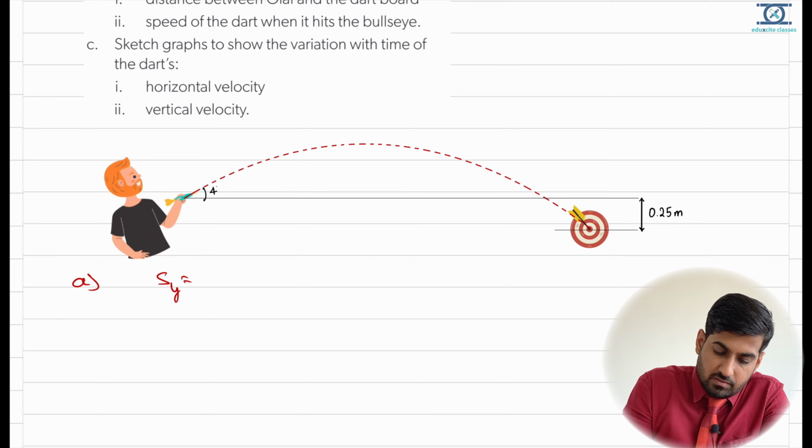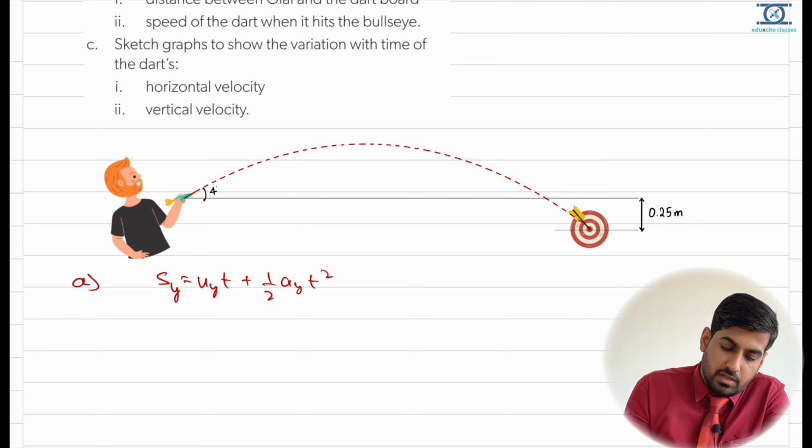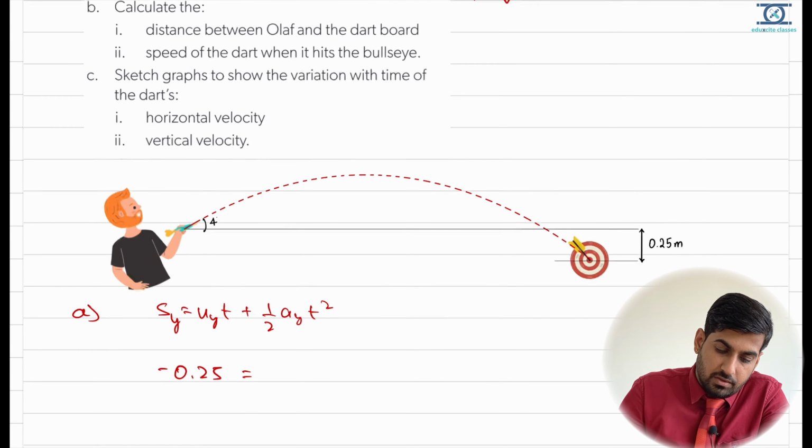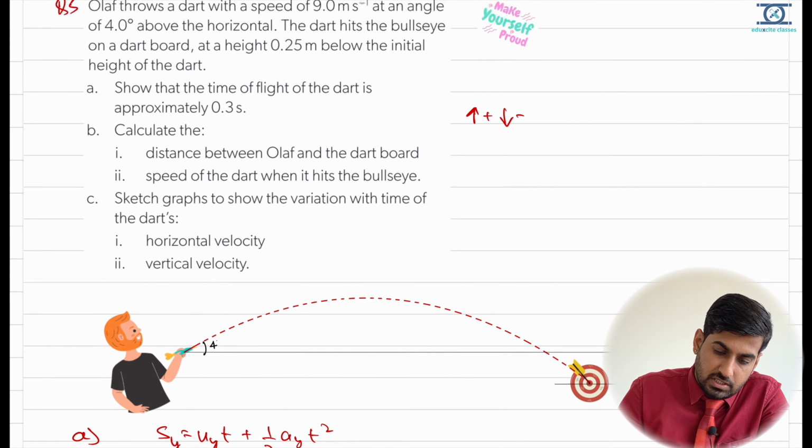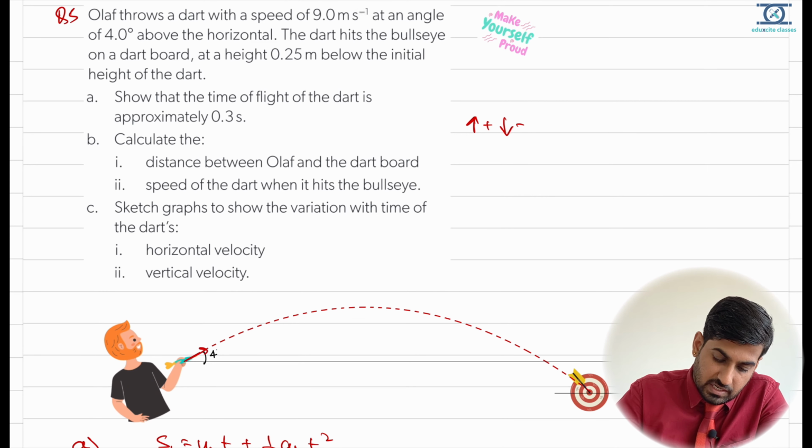y equals uyt plus half ayt square, right? The net displacement in the downward direction is minus 0.25. Uy you can find out, the initial speed is given to us as 9, so this will be 9 sine 4.